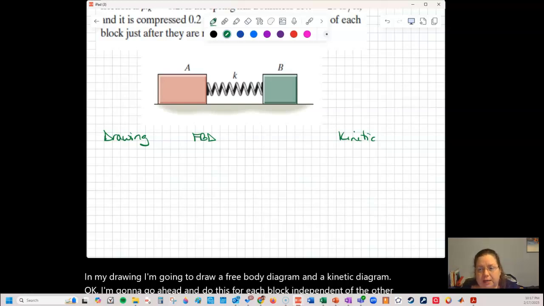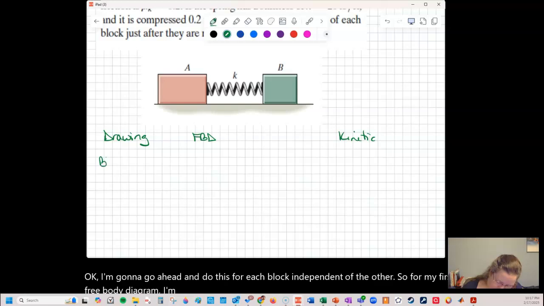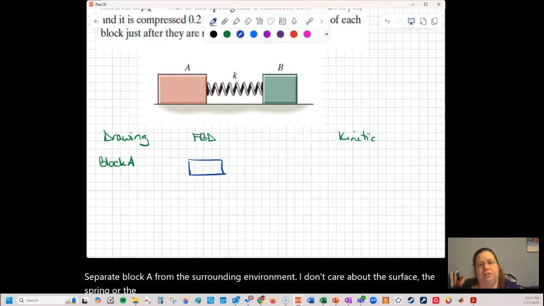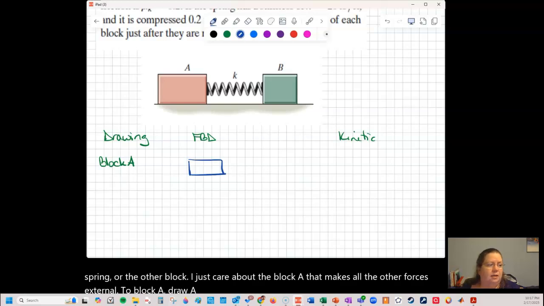So for my first free body diagram, I'm going to focus on block A. Separate block A from the surrounding environment. I don't care about the surface, the spring, or the other block. I just care about block A. That makes all of the other forces external to block A. Draw a picture of block A.